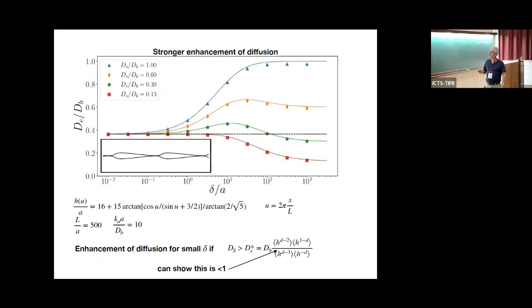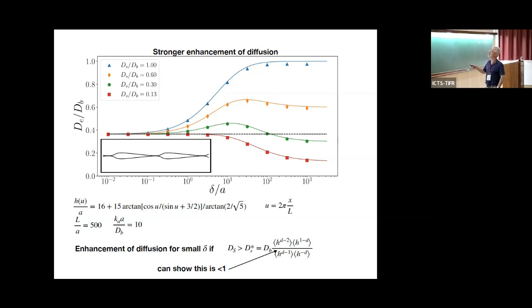And you can see, I don't know how my students managed to invent this channel, but they wanted some sort of ratchety channel, okay? So let's see how it works. If you use this formula here, you see that here is where the surface diffusion is equal to the bulk diffusion.